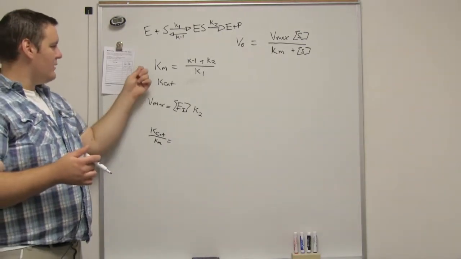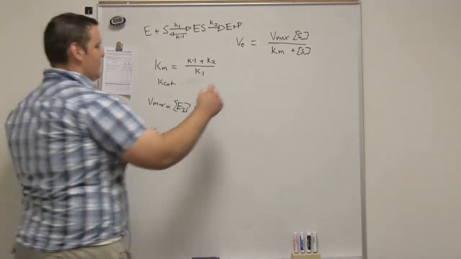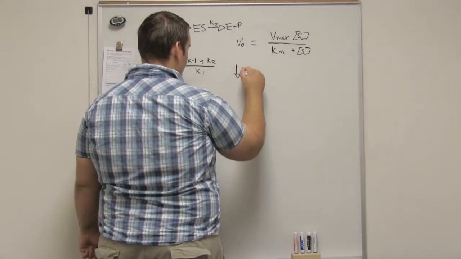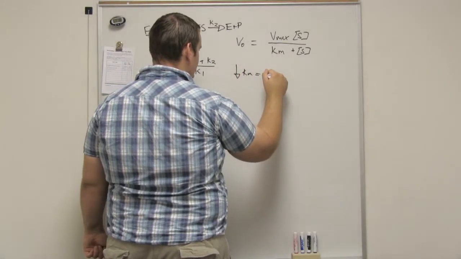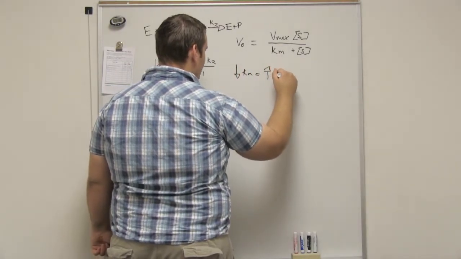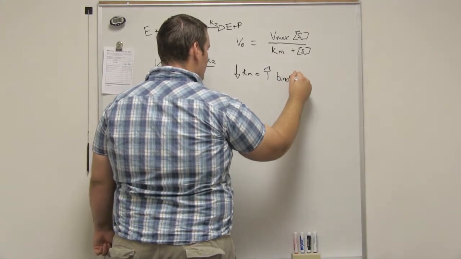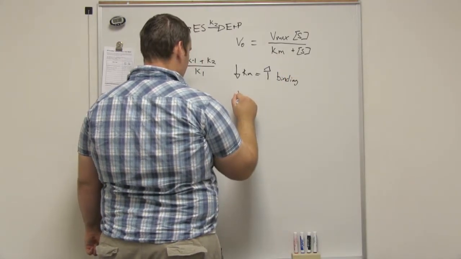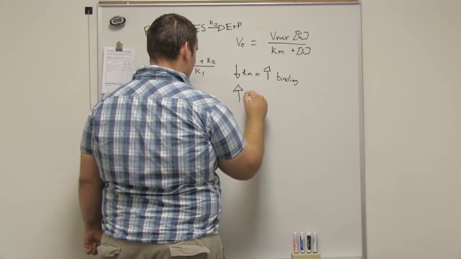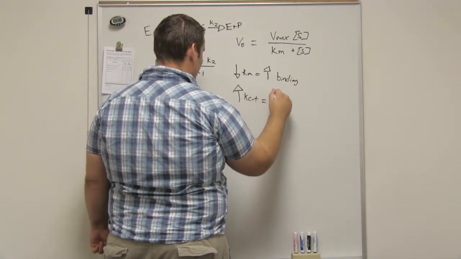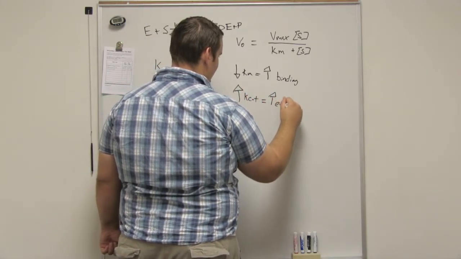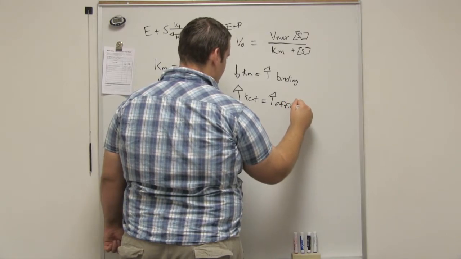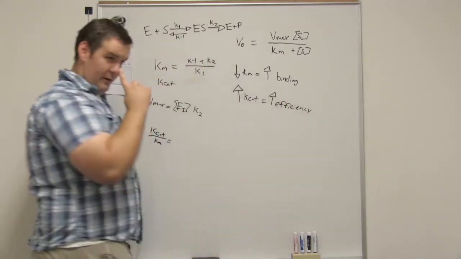So ones that have a low Km, low Km equals increase of binding. An increase of Kcat equals an increase of your efficiency of turning it into product.